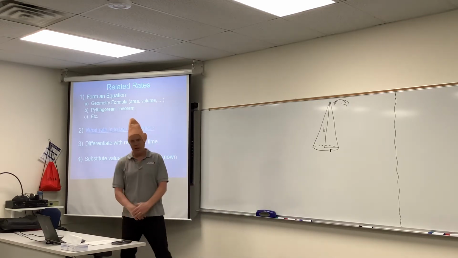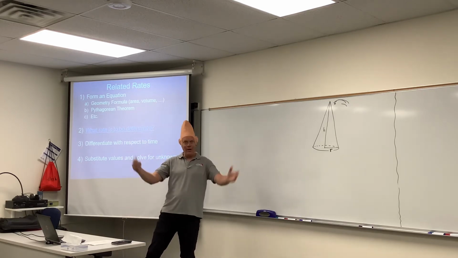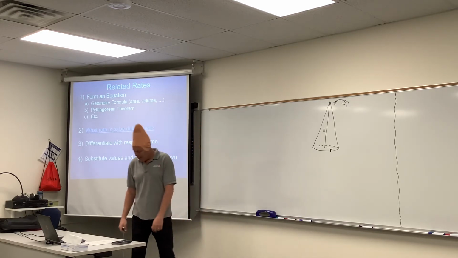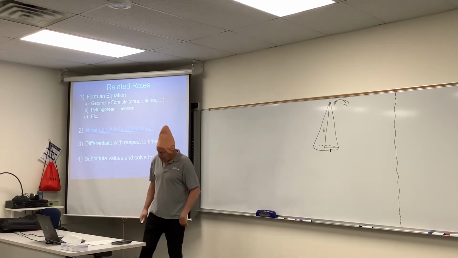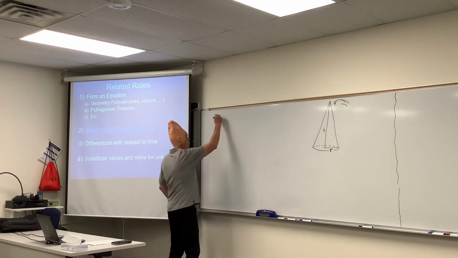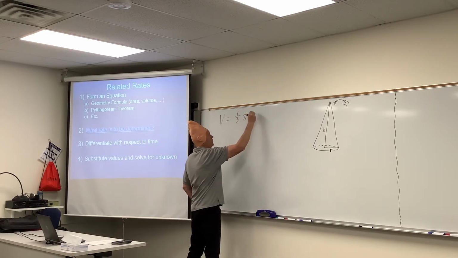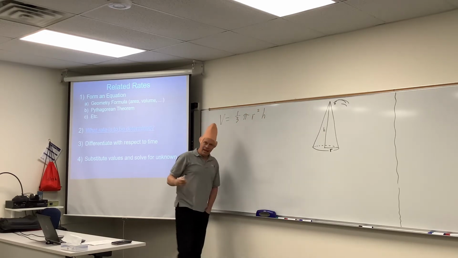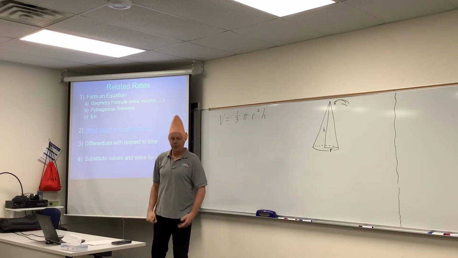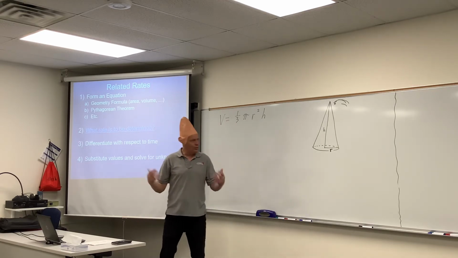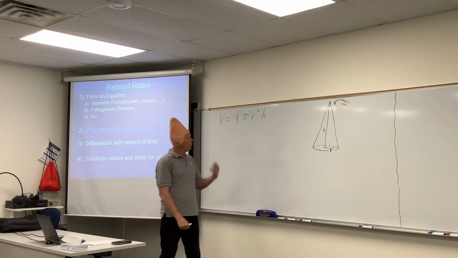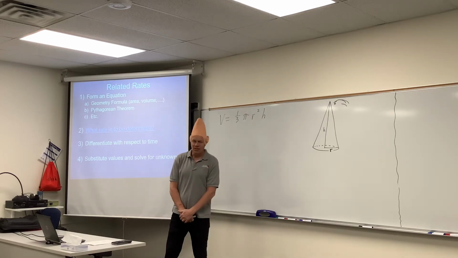You have the entire Google machine available to you if you have to do that. But anyway, you would discover that the volume of a cone is 1/3 pi r squared h. Again, you can look these things up, they're in books, they're on Google, do whatever you need to do, but that would be the formula for the volume of a cone.